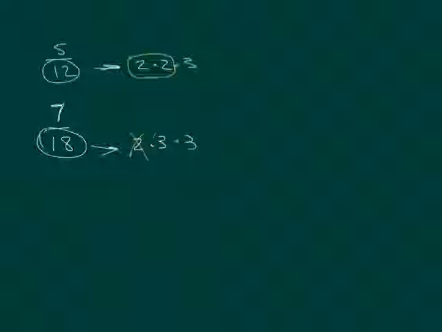So we're going to circle the one with the most 3's, and we're going to throw that one out. Next, what we're going to do is all the numbers that we circled, we're going to multiply together. 2 times 2 is 4, 3 times 3 is 9, 4 times 9 is 36. And that is how we find our least common denominator.